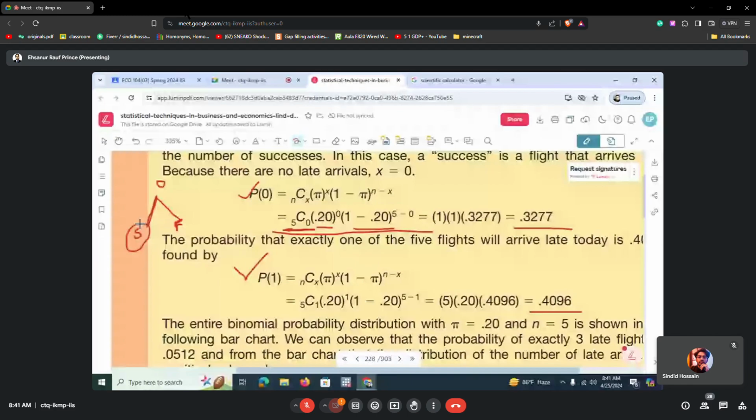Again, success doesn't mean you are winning or gaining something. Success means the event that is your point of interest is happening. That is success in statistics. And if that event doesn't occur, then that would be known as failure in statistics, right?